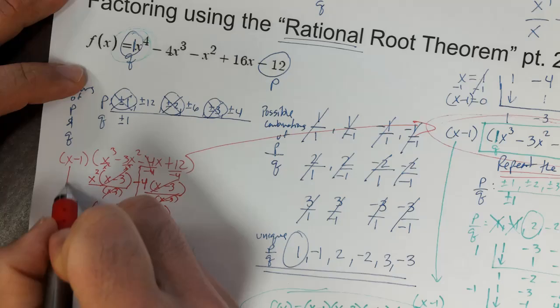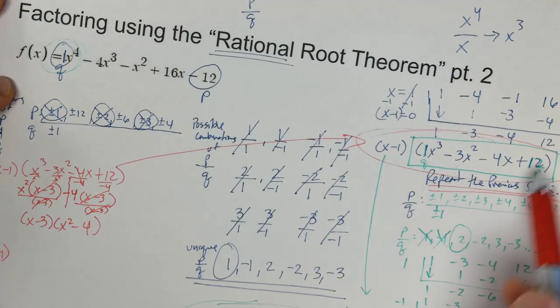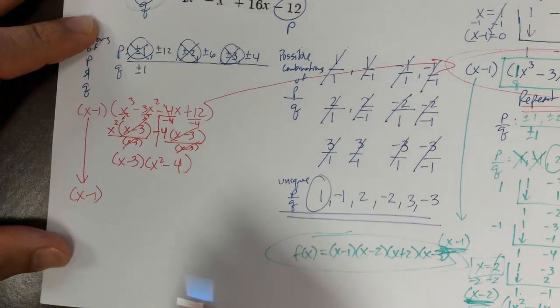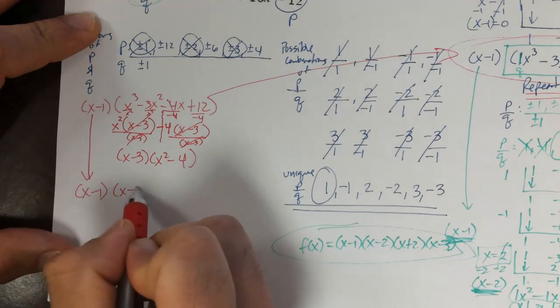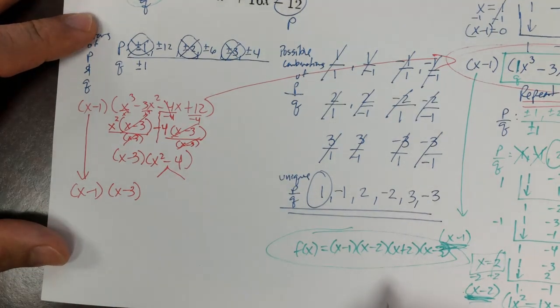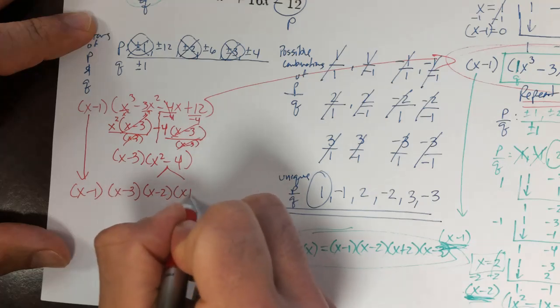So I have my original factor, x minus 1, which came from the previous problem, which we had to do using the rational root theorem. There's no way around that. We had the x minus 3, and then I can break this into two more factors, right? We have the difference between perfect squares. This turns into x minus 2, x plus 2.